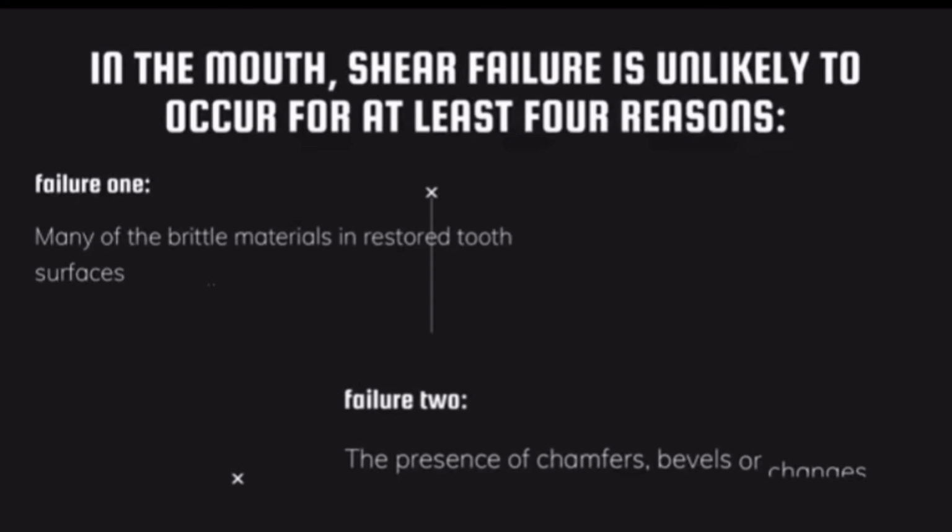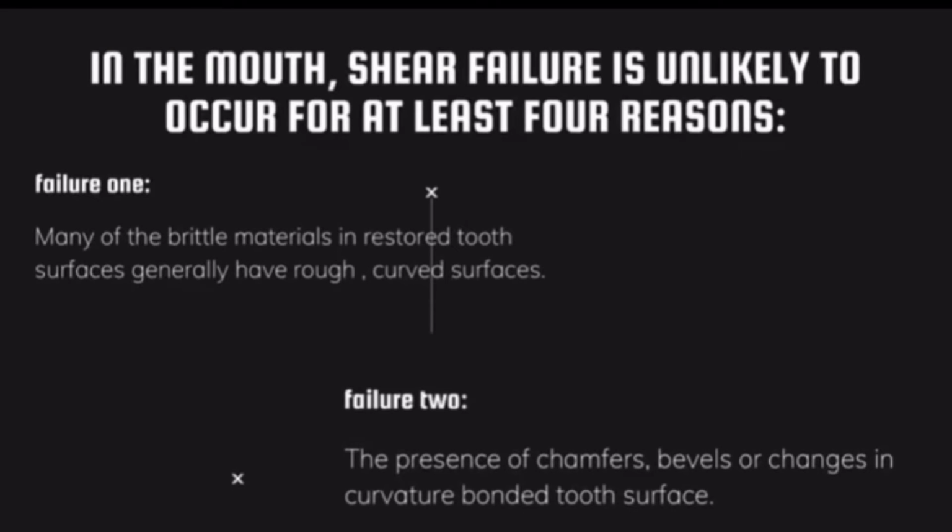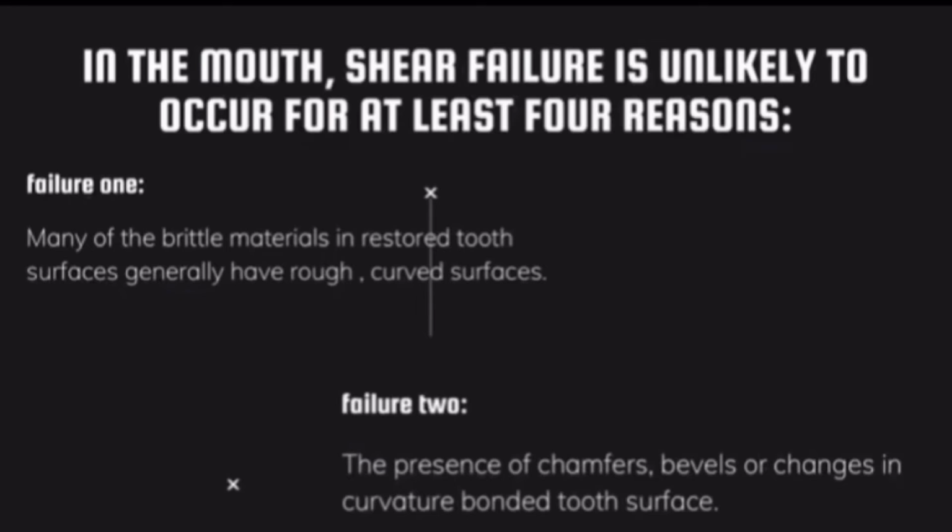In the mouth, shear failure is unlikely to occur for at least four reasons. First, many of the brittle materials in restored tooth surfaces generally have rough and curved surfaces. Second, the presence of chamfers, bevels, or changes in curvature on the bonded tooth surface.